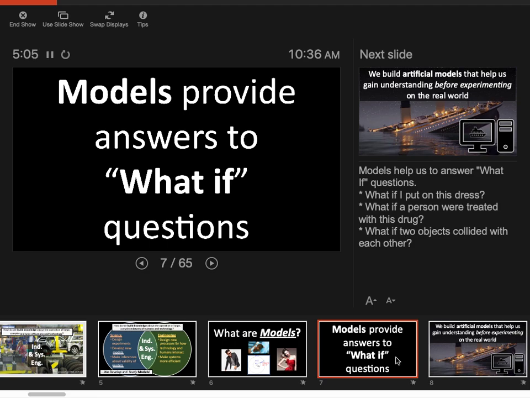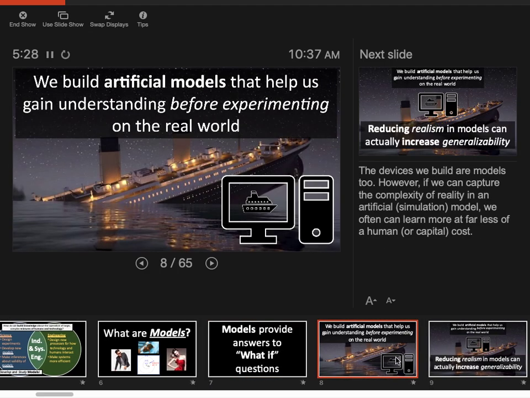So that's my general definition of a model: it's something that answers or tries to answer a what-if question. And the goal here is not for the model to be a perfect, accurate representation of the world. The model might leave a lot of things out from the real world, but if it gives us the ability to move forward in the real world, it's still a useful model.